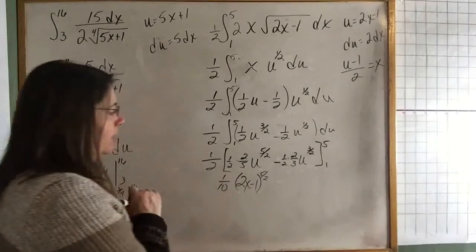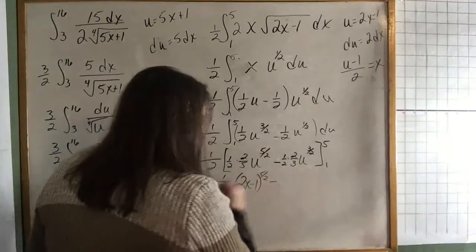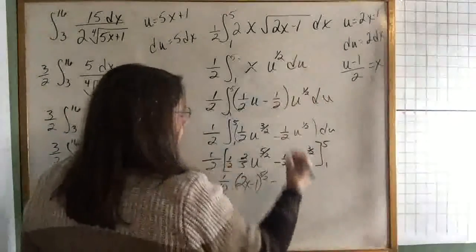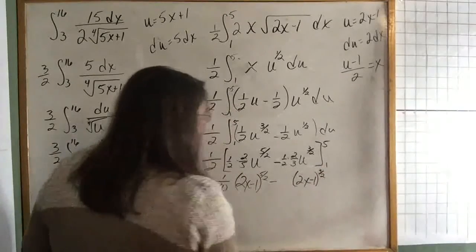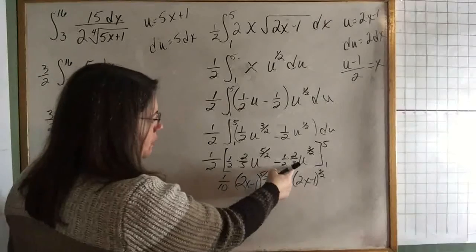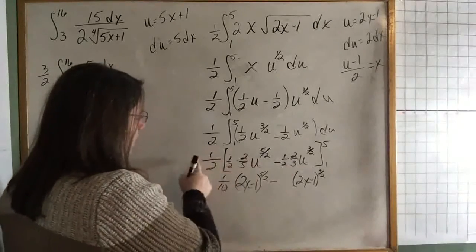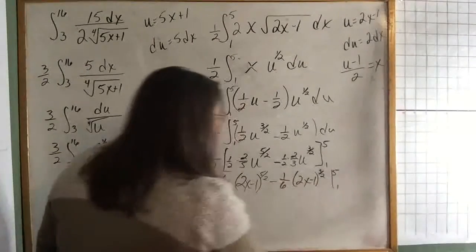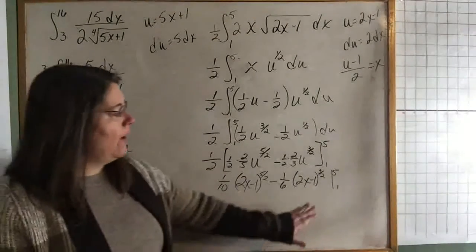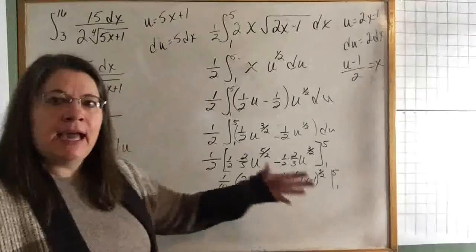So that's the number in front. Minus, that would be 2x minus 1 to the 3 halves. And then 1/2 times 2/3 is 1/3. 1/3 times 1/2 is 1/6. That is still going from 1 to 5. So now I can substitute my a and b in and find my answer.